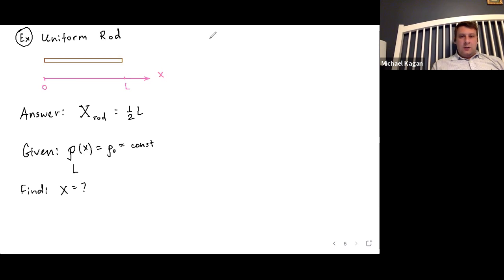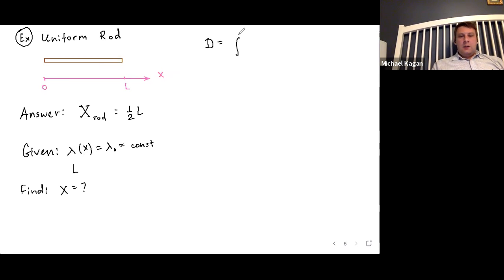Well, let's do it. So the numerator, or maybe let's start with the denominator. For the denominator, we need to write the one-dimensional integral. Actually, I should be using lambda instead of rho, because it's a one-dimensional thing. So let me fix that.